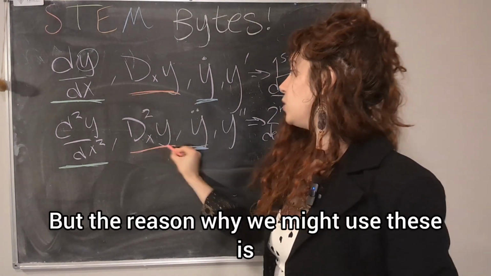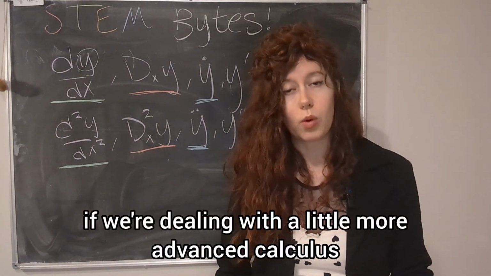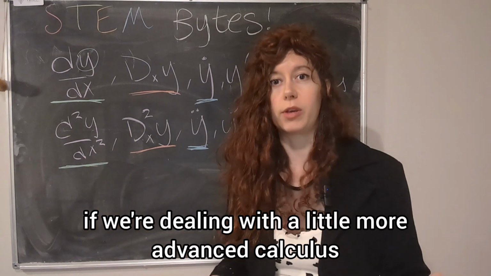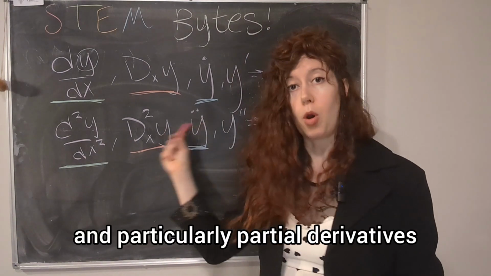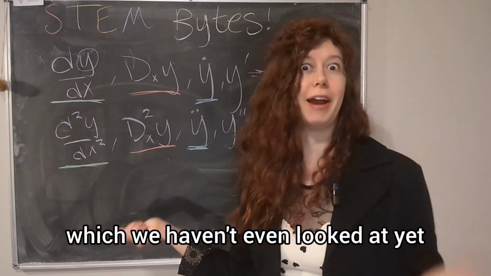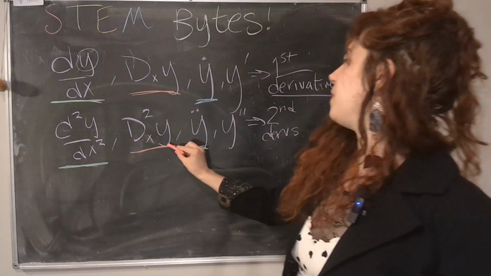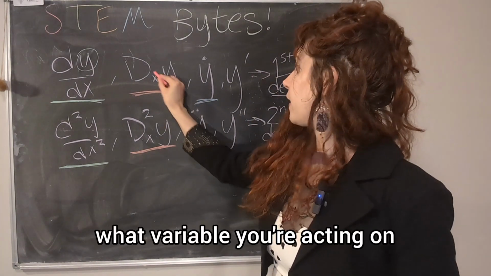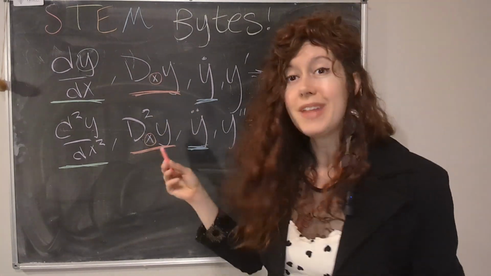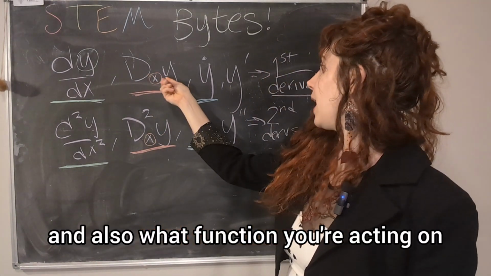But the reason why we might use these is if we're dealing with a more advanced calculus. So if we're dealing with differential equations and particularly partial derivatives, which we haven't even looked at yet, we might want to use this notation because it's pretty clear what variable you're acting on and also what function you're acting on.